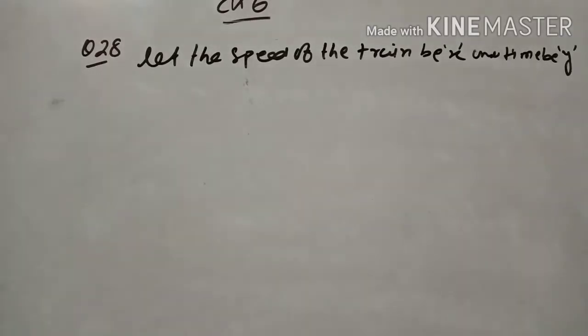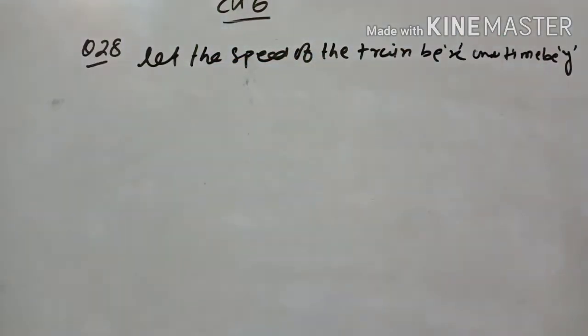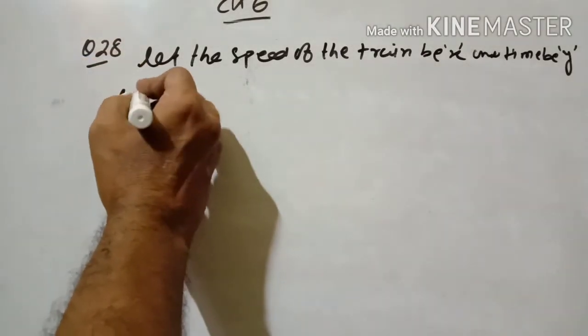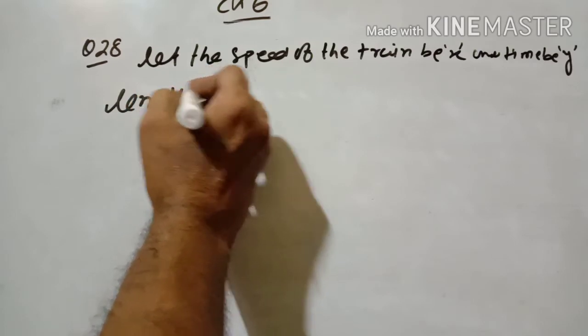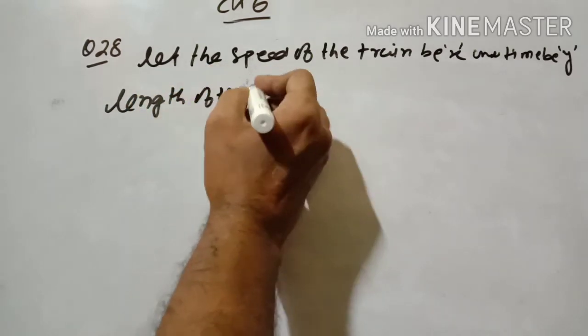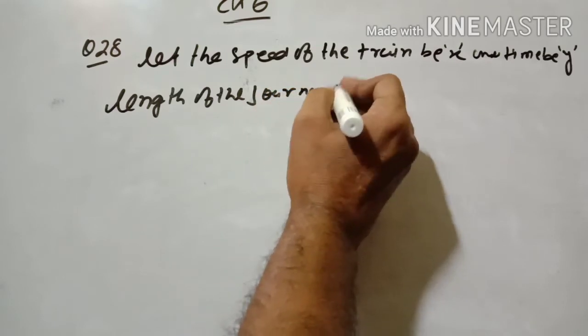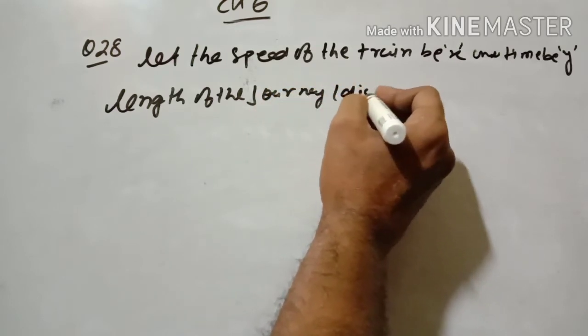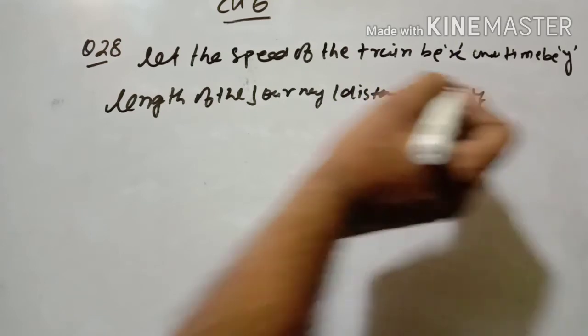So according to the question, let the speed of the train be x and time be y. Therefore, length of the journey, means distance, equal to xy.